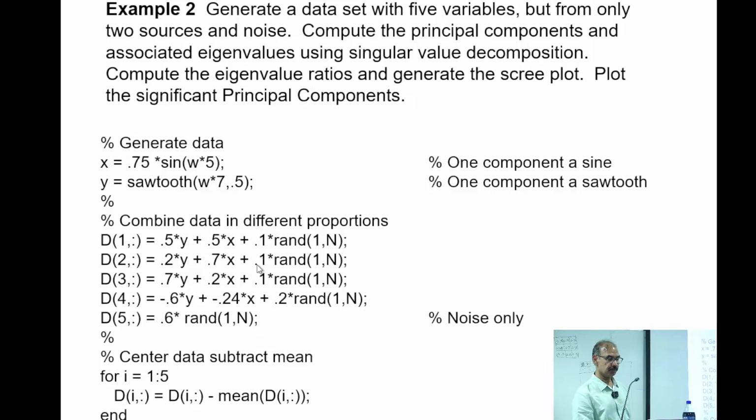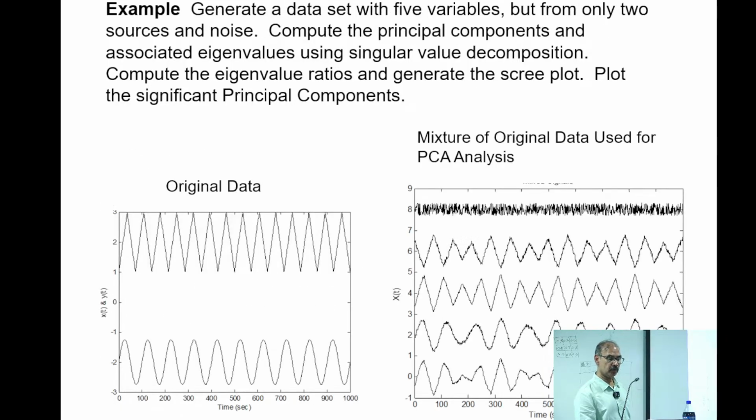D4 is more sawtooth, less sinusoidal, but a little more noise. And D5 is mostly noise, right? So this is mostly noise. This is more sawtooth. This one is also more sawtooth. These two have more sinusoidal, or I would say one of them is sinusoidal and sawtooth with equal weightage plus a little bit of noise, okay?